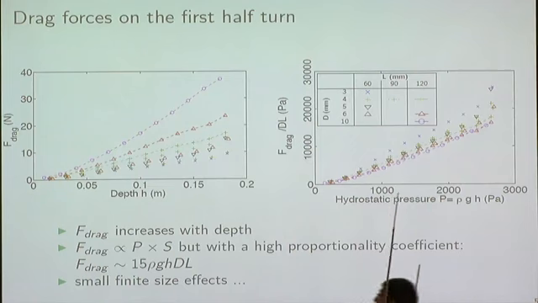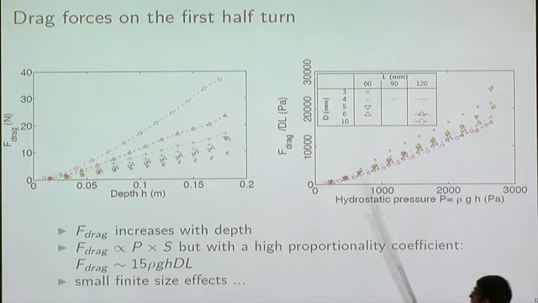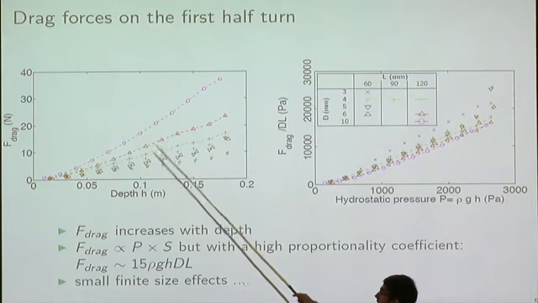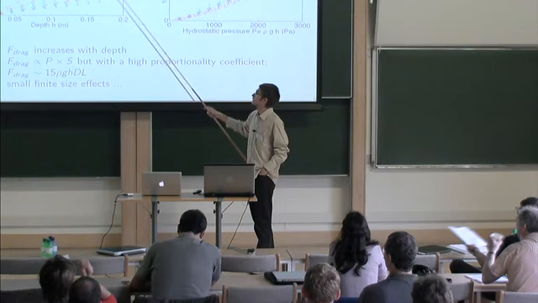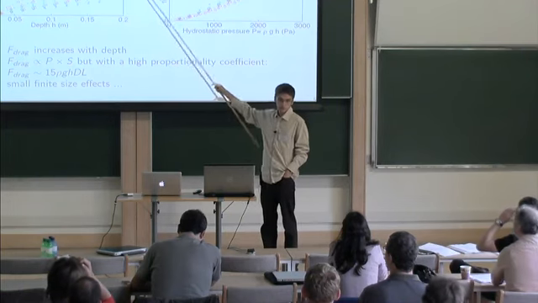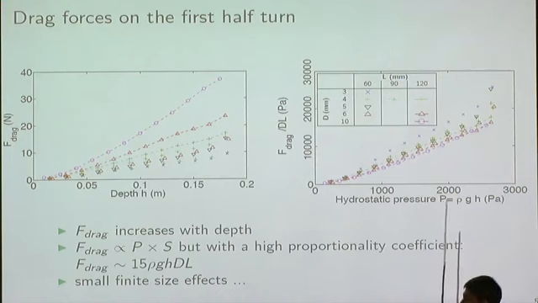Okay. So now I'm going to focus only on the first half rotation drag, before the cylinder goes through its own weight; we'll see later why this is important. So what about the drag force? Well, as expected, we see here that the drag is proportional to the depth for various cylinders of various diameter and length.